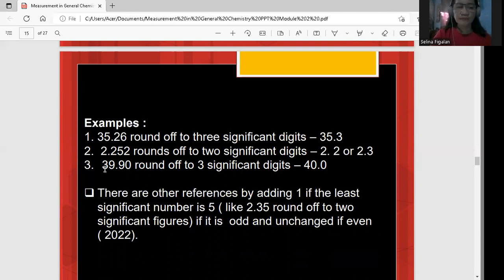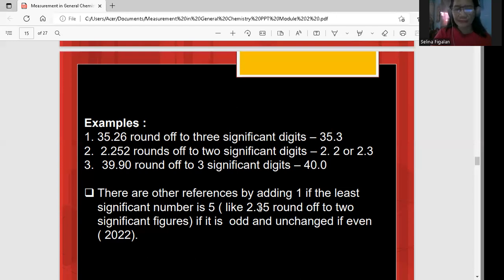Pero pag sinabi siyang to the whole number or 2 significant digits, so ang focus mo is 39, which means titingin ka sa next number, which is 9, magiging 40 ito. Kasi magdadagdag ka na isa. There are other references by adding 1 if the least significant number is 5. Like for example, pag 2.35, round off to the 2 significant figures. So, 2 significant figures, 2.3.